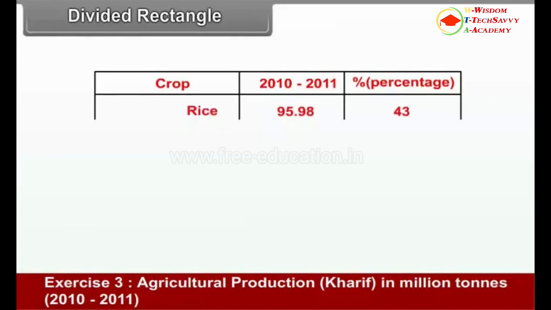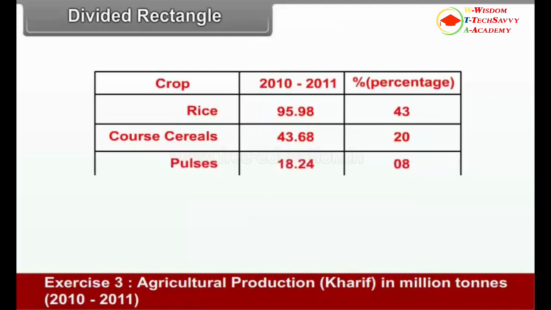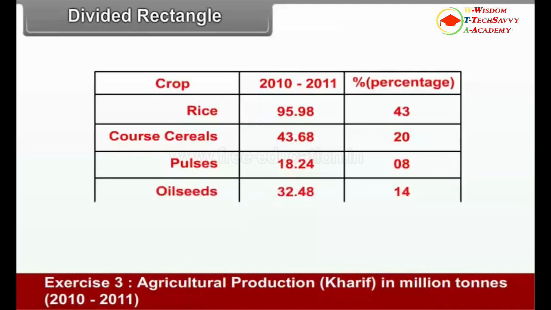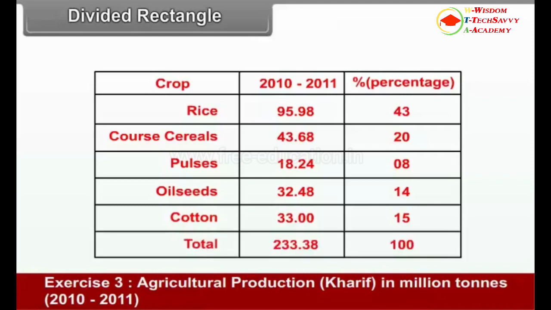Rice, 95.98, 43%. Coarse cereals, 43.68, 20%. Pulses, 18.24, 8%. Oil seeds, 32.48, 14%. Cotton, 33, 15%. Total, 223.38, that is 100%.